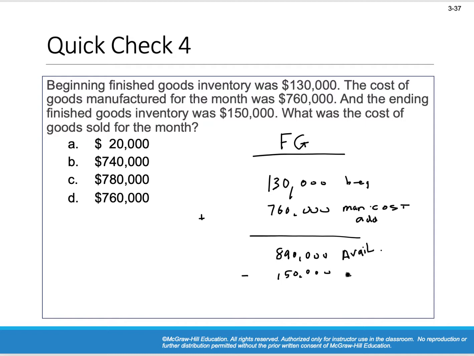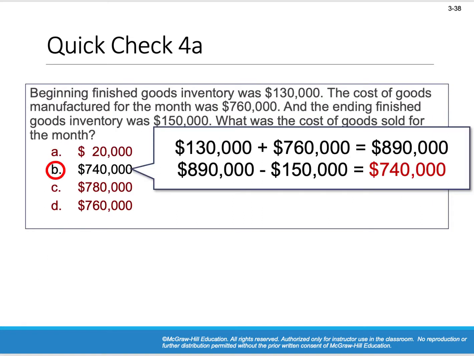This is ending. What do we have left? Well, 740,000. Guess what? This right here, my friends, is our cost of goods sold, or COGS. And there's the answer right there.